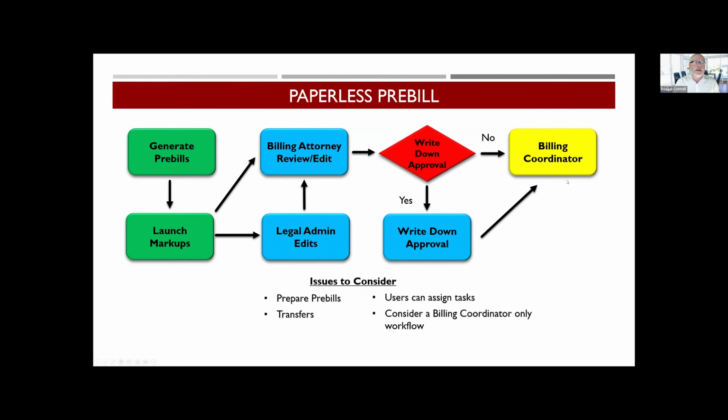The reason I like to do that is sometimes the billing coordinator needs to get the pre-bill to someone else who's not part of the process. So if the billing coordinator can generate the pre-bill and have it come to them, then they can assign it to whoever they need to assign it to.